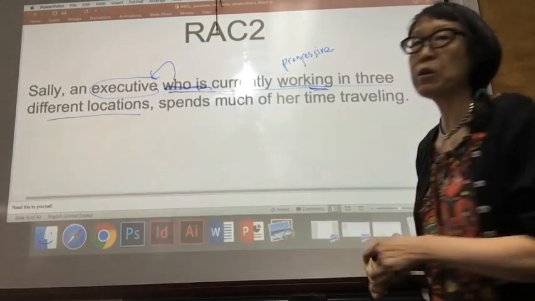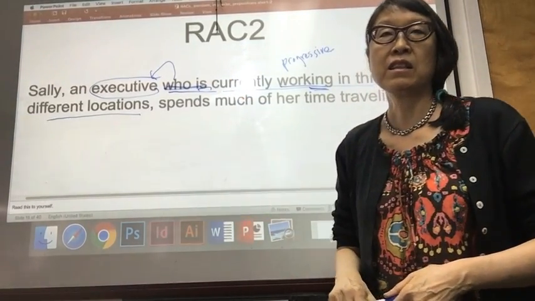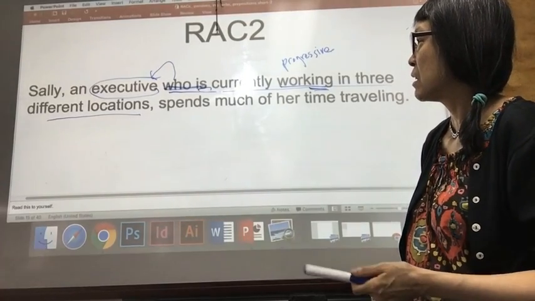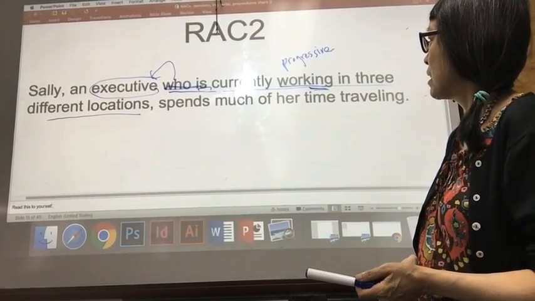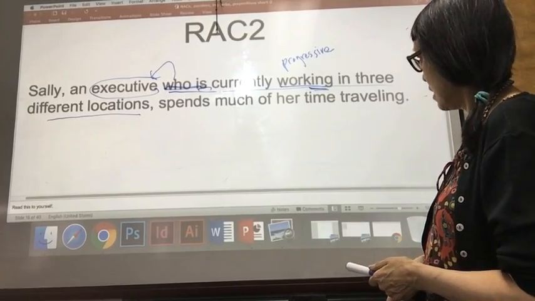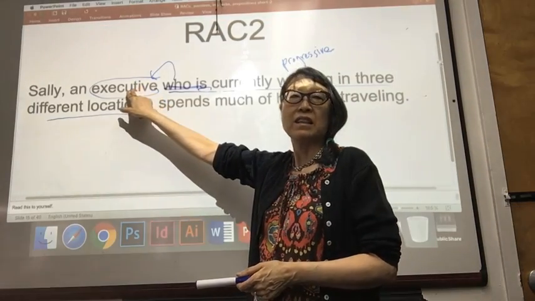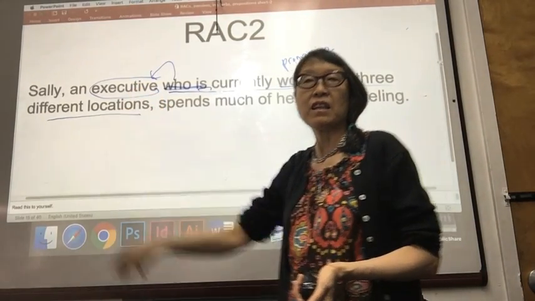Now, Jeremy, loudly, very loudly, can you read that sentence without "who is"? Sally, executive, currently working in three different locations, spends much of her time traveling. Okay, good. How do we say this word, everyone? Executive.